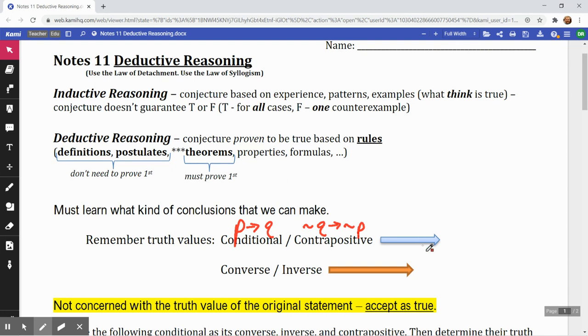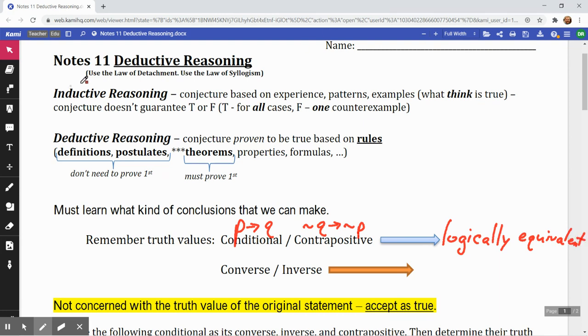So their overall meaning is the same. And we had a phrase for that. We said that these are logically equivalent. And that's true for these two cases.